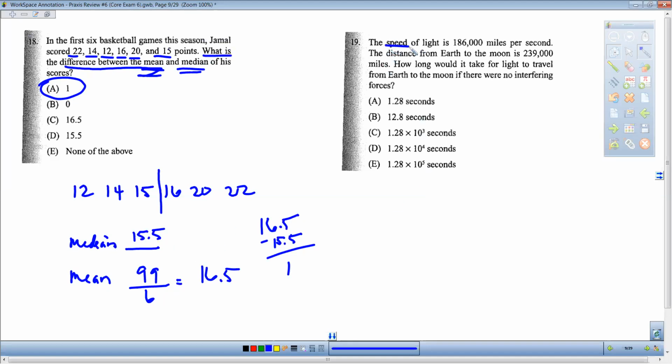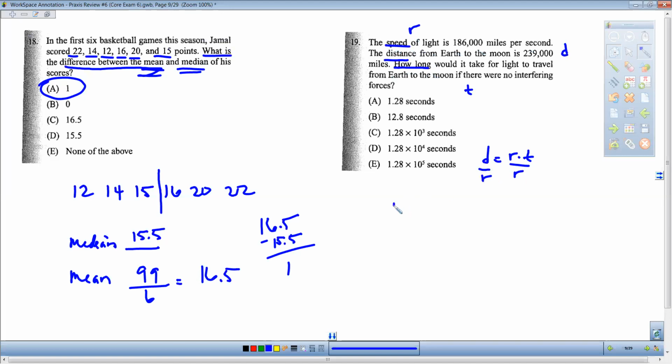19, we've got the speed of light is 186,000 miles per second. That is a rate. The distance from Earth to the moon is this. That is a distance. How long? We're looking for time. So we have a distance equals rate times time formula. And I want to solve for time, so I'm going to divide both by r.